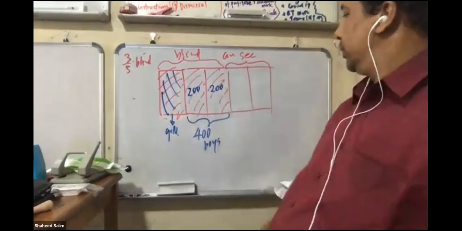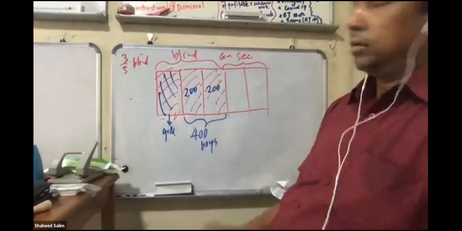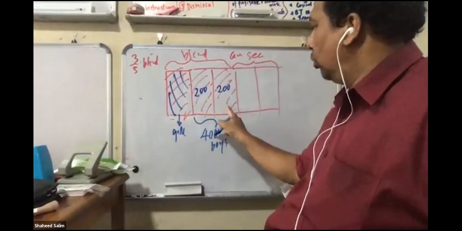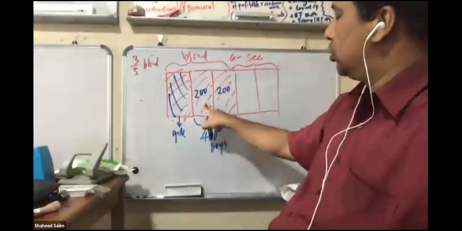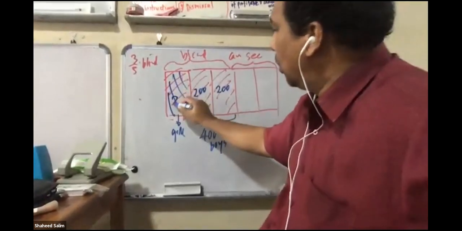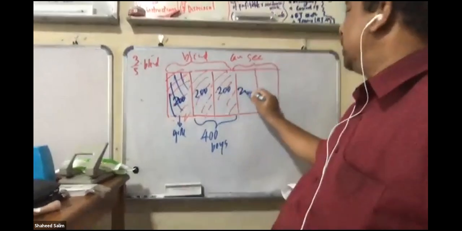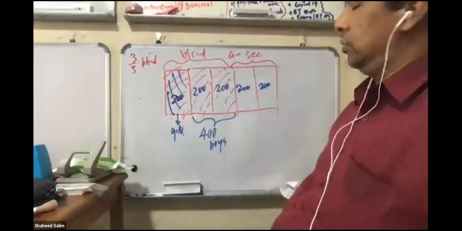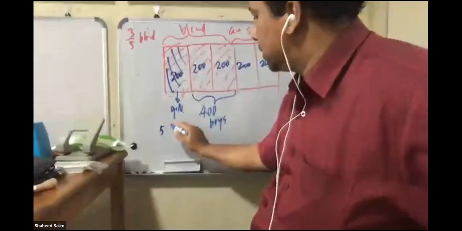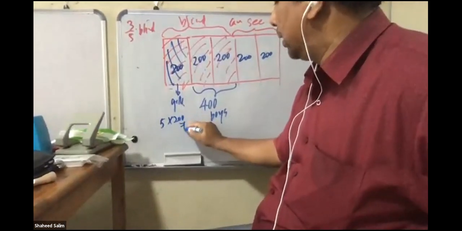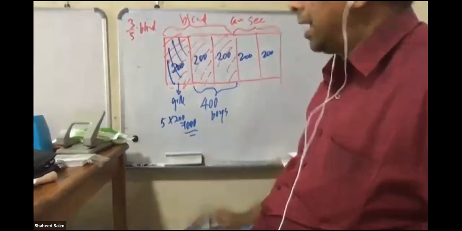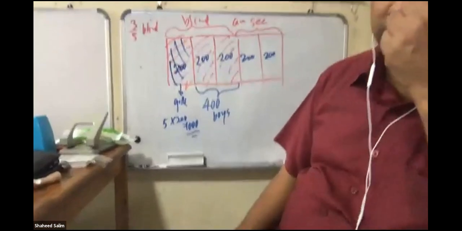Can you see that? 400 boys for 2 units, so 1 unit is 200. This one must be 200, this one must be 200 also, this one must be 200 also. So 5 units times 200 equals 1,000. There's 1,000 students altogether in the school.